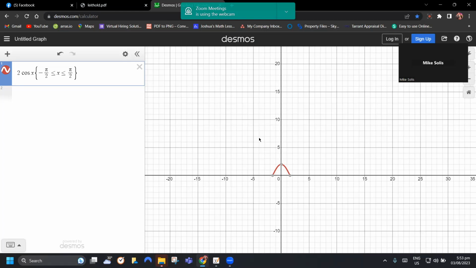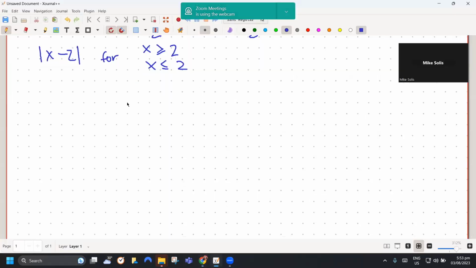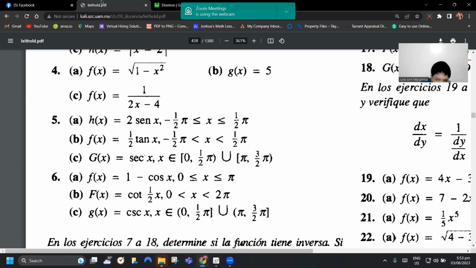Okay, yung for ano to? Number 5 is secant x from 0 to pi over 2. Hindi, pakita mo yung graph. Secant.